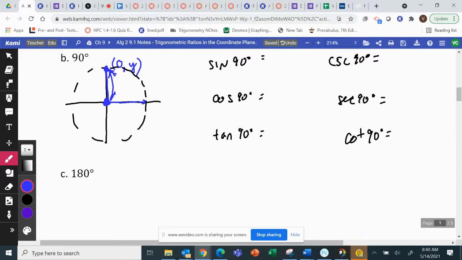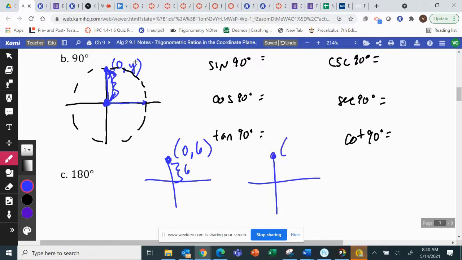What if I told you that this ordered pair was 0, 6? Could you tell me how long that is? 6. Yes. So now can you tell me how long this is? I have no clue. Okay.